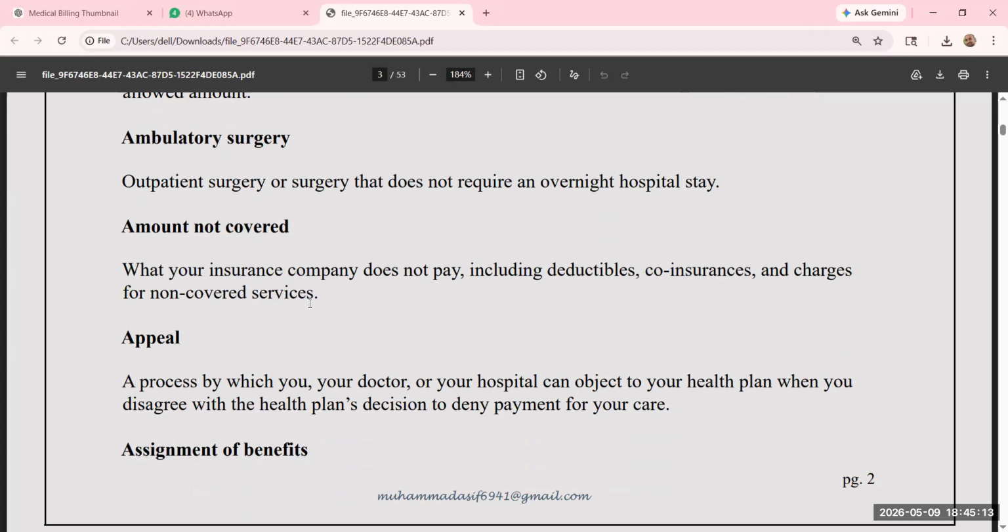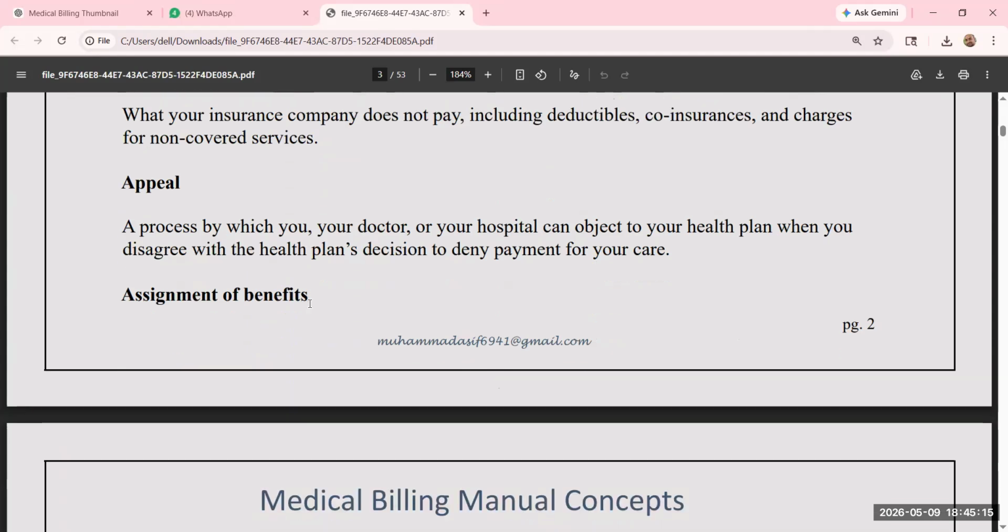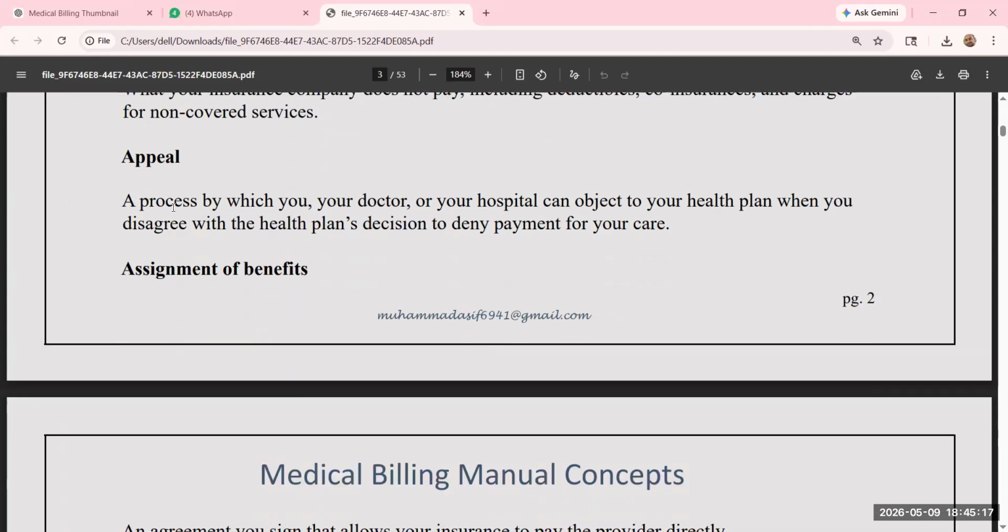Appeal is another thing we'll discuss: a process by which you, your doctor, or your hospital can object to your health plan when you disagree with the health plan's decision to deny payment for your care.